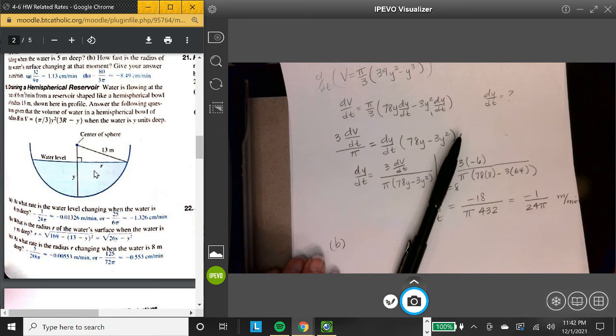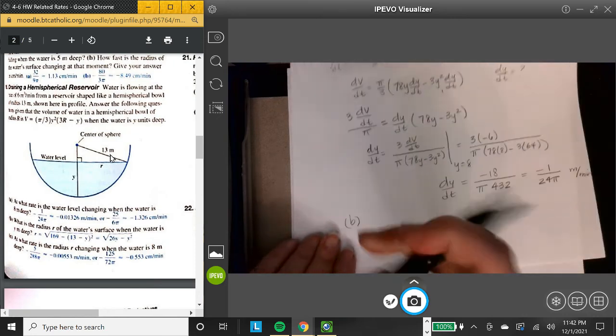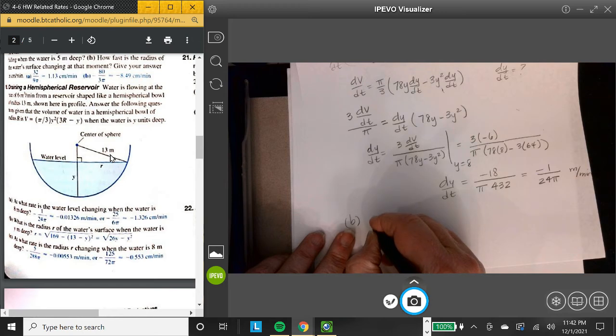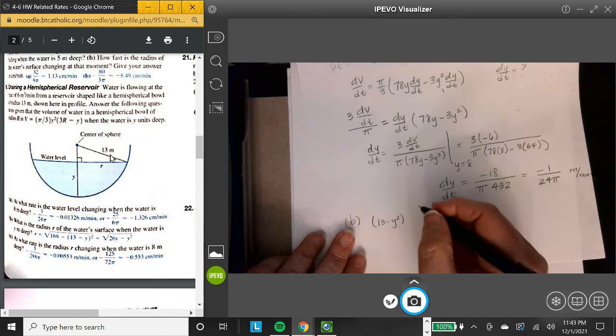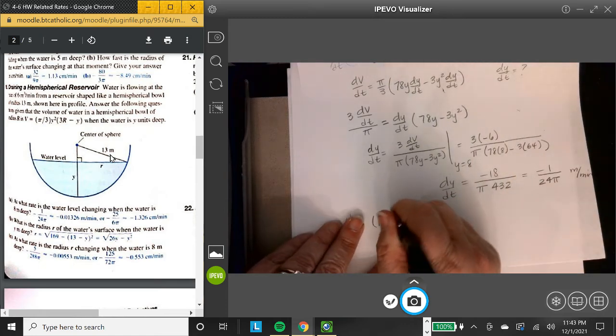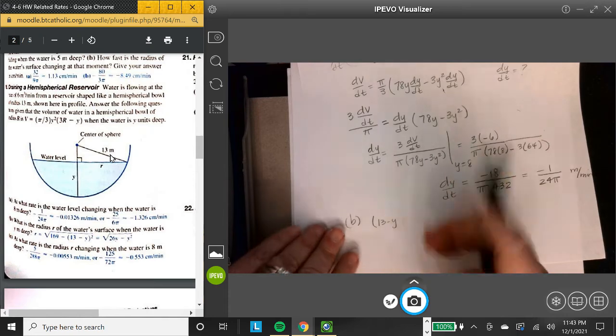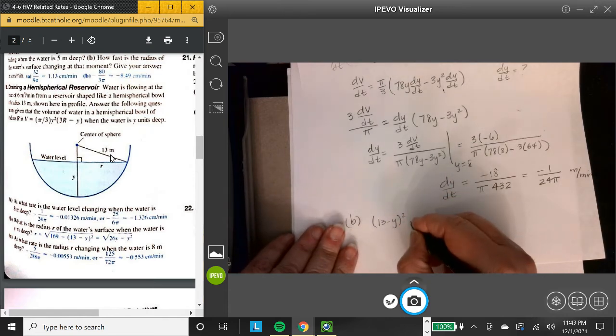So I'm going to have r squared plus (13 minus y) quantity squared equals 169, because that's the length of the side.